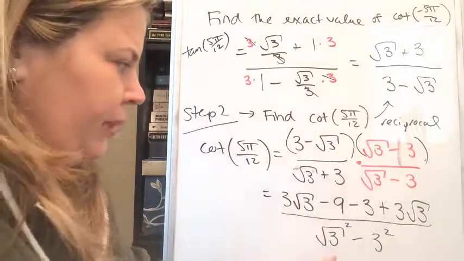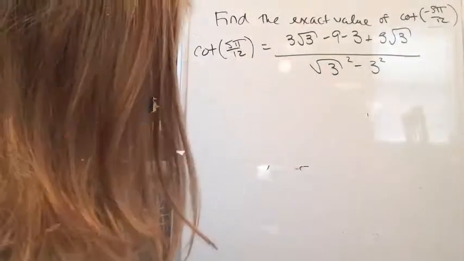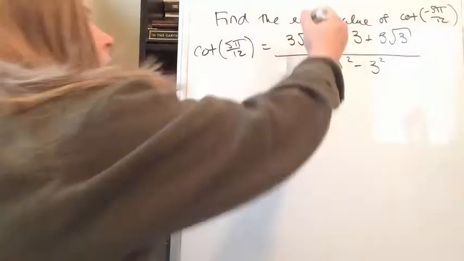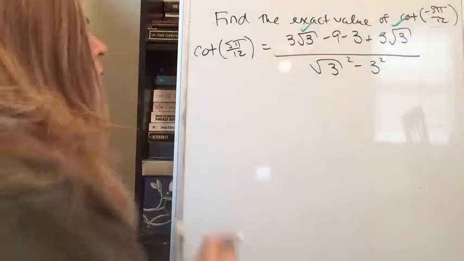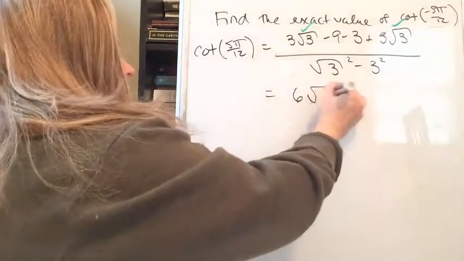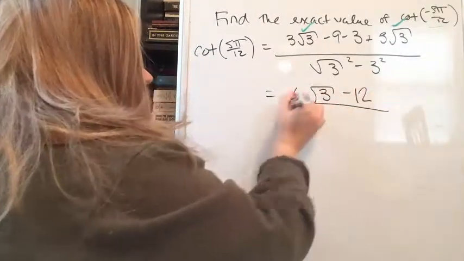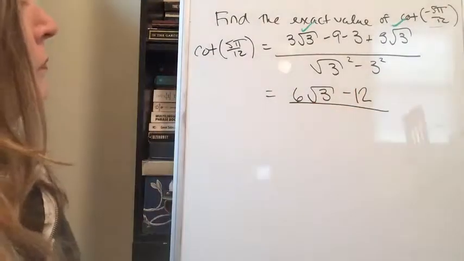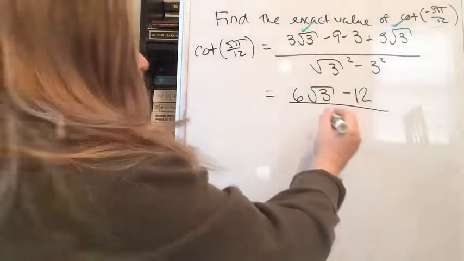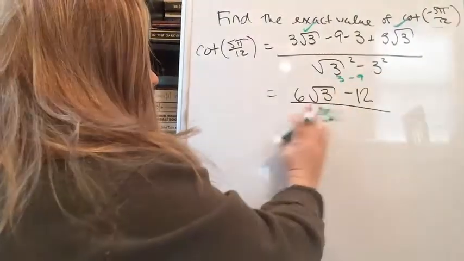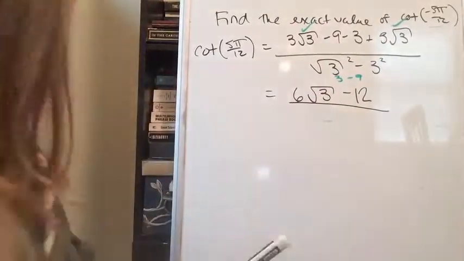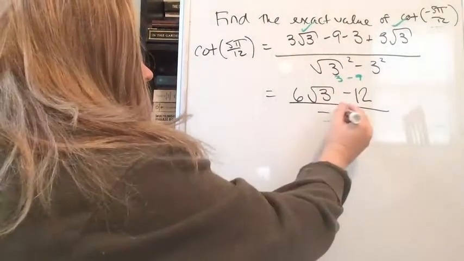Now let's clean this up, combine like terms. We can do 3 radical 3 plus 3 radical 3. What's that? 6 radical 3 minus 12, all over radical 3 squared, that's 3, minus 9. 3 minus 9 is negative 6.